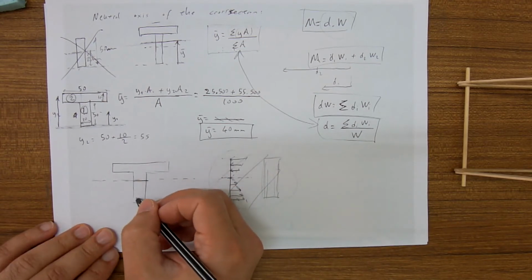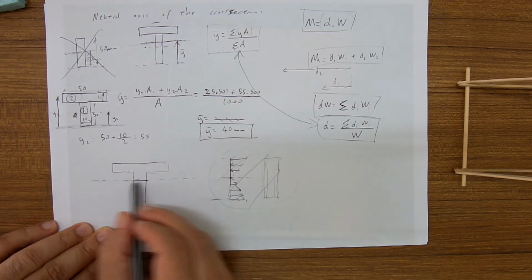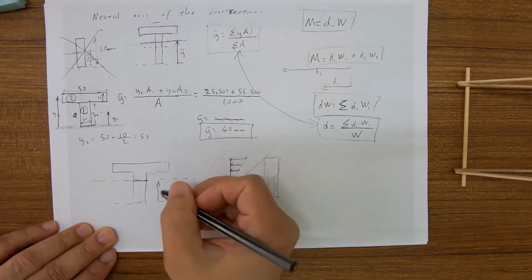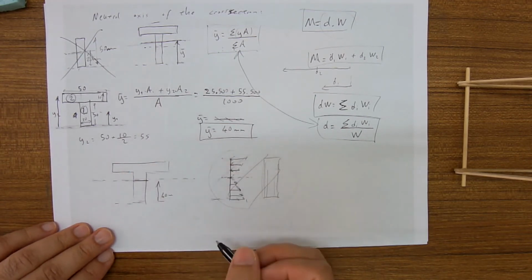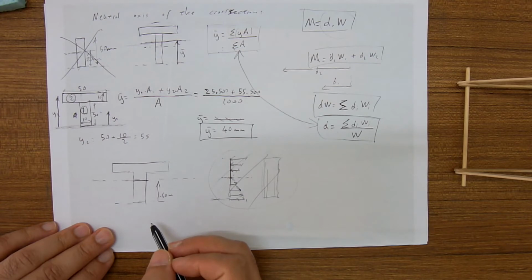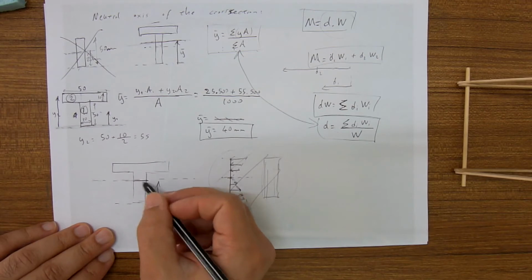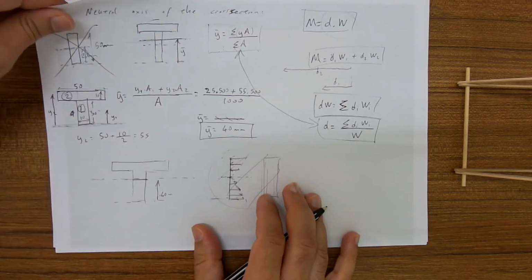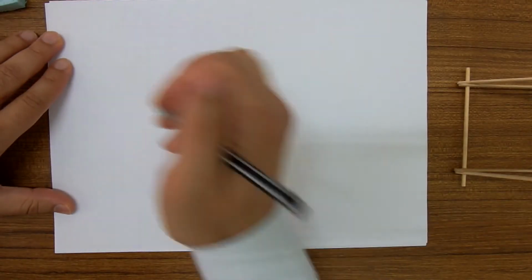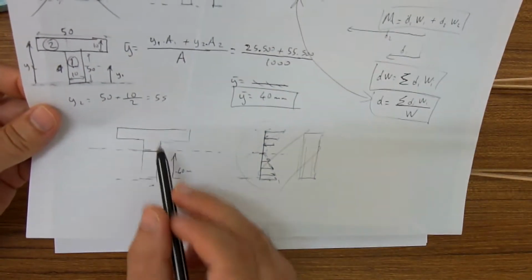But we have got a T-shaped cross section, and the neutral axis here will be 40 millimeters away from the bottom. So we will calculate the area moment of inertia according to this, and also the parameter C according to this centroid. Okay, next we calculate the bending stresses at the top and bottom of the section.